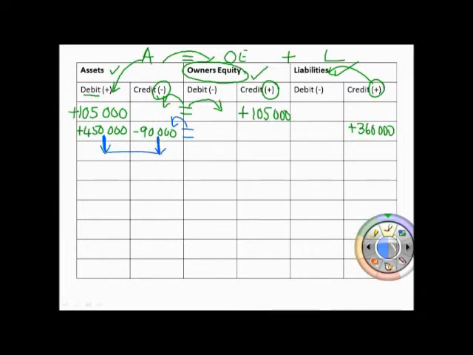The net effect is that they have increased by 360,000 because it went up by 450 and down by 90, giving us a net effect of an increase of 360,000. What do we notice is also happening on the right-hand side of the equation? We've also increased our credit facility with an accounts payable or a creditor with 360,000. The equation still balances. It increased by 360,000 on the left-hand side and 360,000 on the right-hand side.